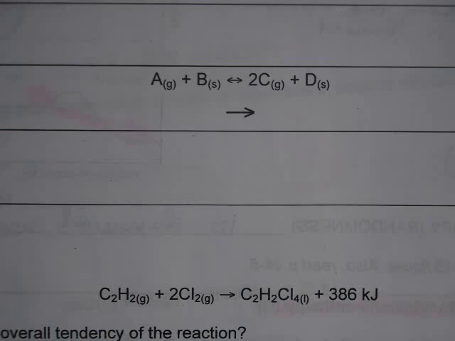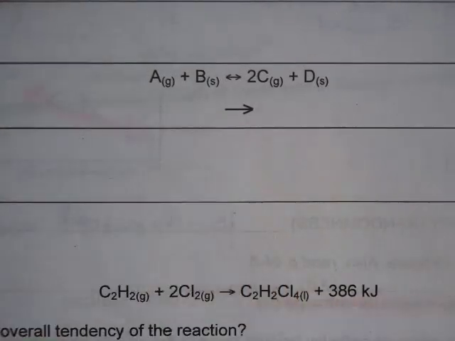Okay, you've got A, which is a gas. You've got B, which is a solid. You've got C, which is a gas. And you've got D, which is a solid. You can see that it goes in this direction. Why is that? Because there's more gas on the right side. That's right.